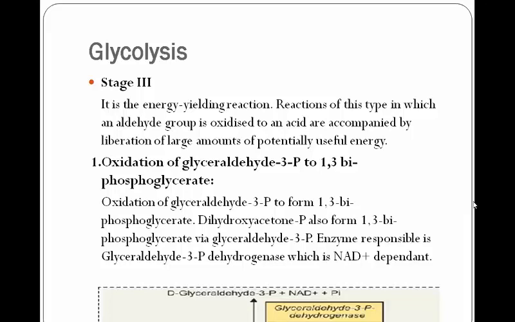As dihydroxyacetone phosphate is also converted to glyceraldehyde 3-phosphate, both are involved in the formation of 1,3-bisphosphoglycerate, and this requires the coenzyme NAD.